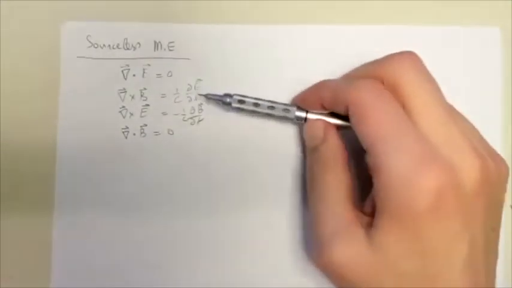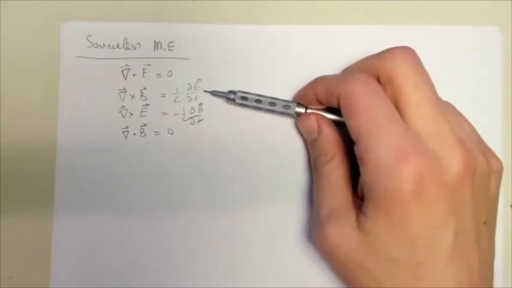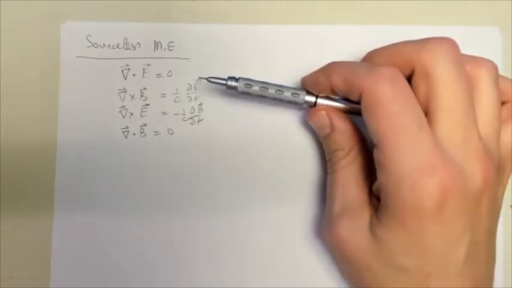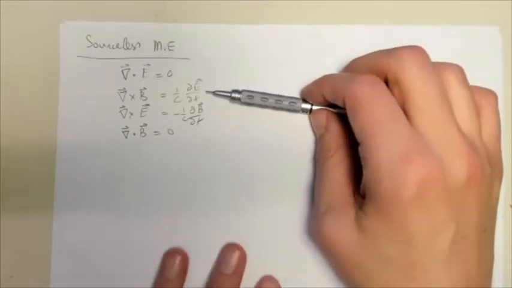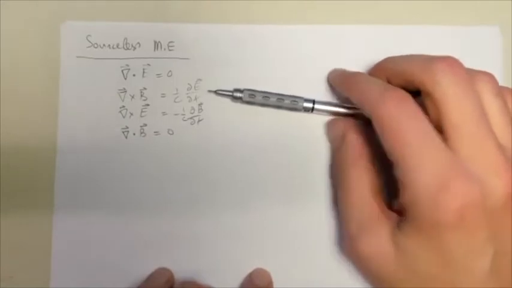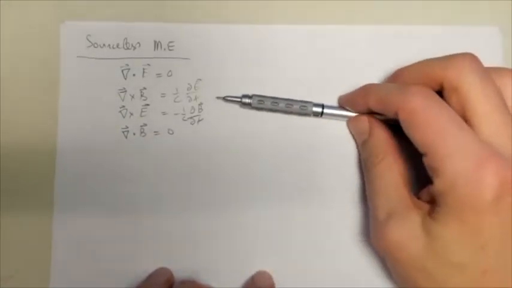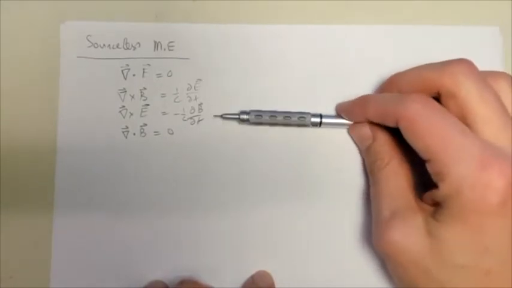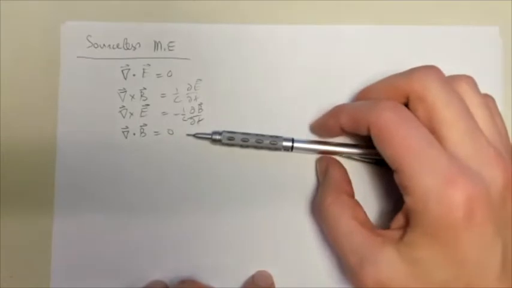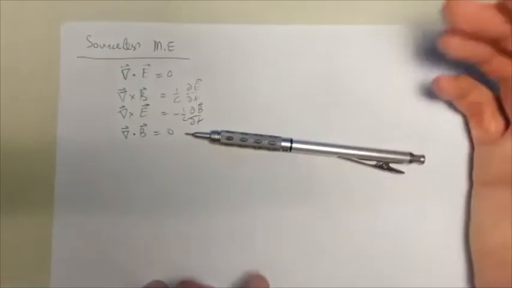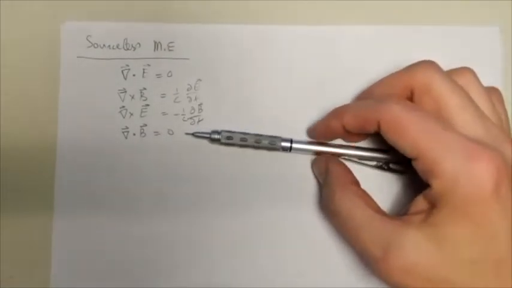We could do the same thing here, except we would have to change the sign, right? Now that seems to indicate that we can just describe everything with either electric fields or magnetic fields. So why are we treating electric fields and magnetic fields differently? Well, that is because there are no such thing as magnetic monopoles, but there are, of course, electric monopoles.